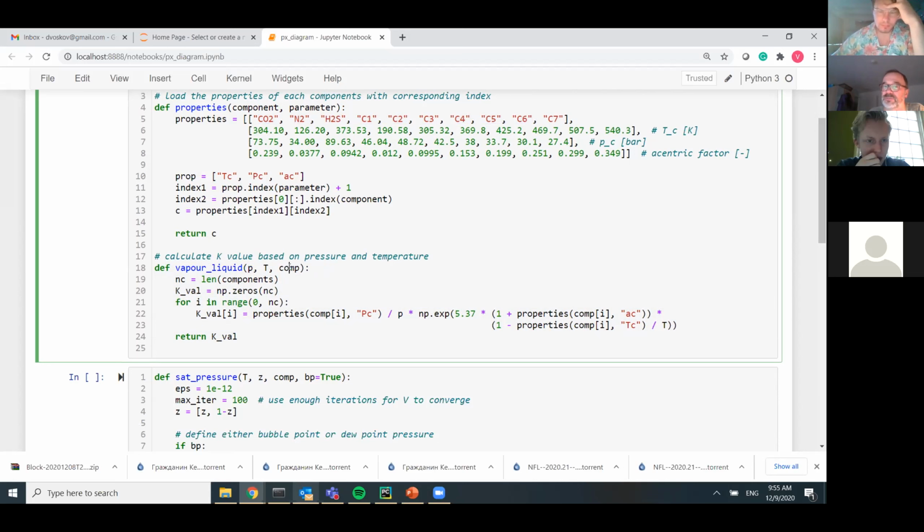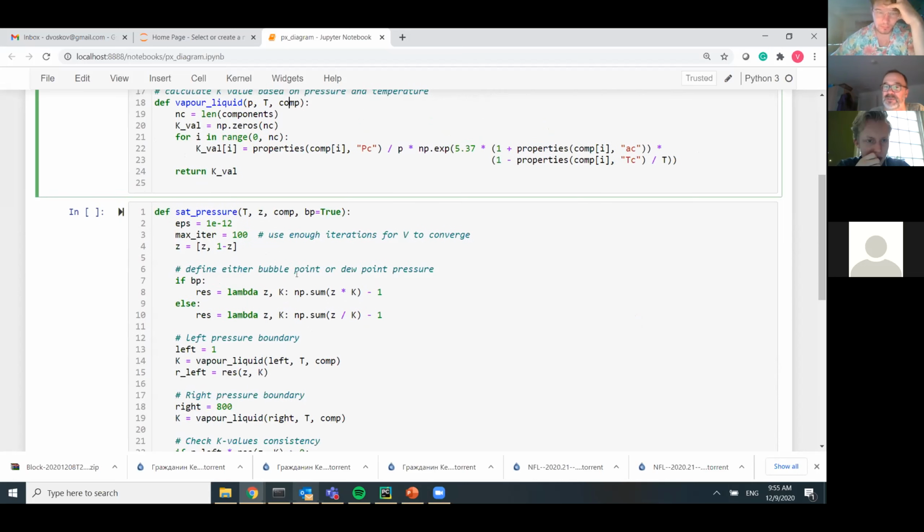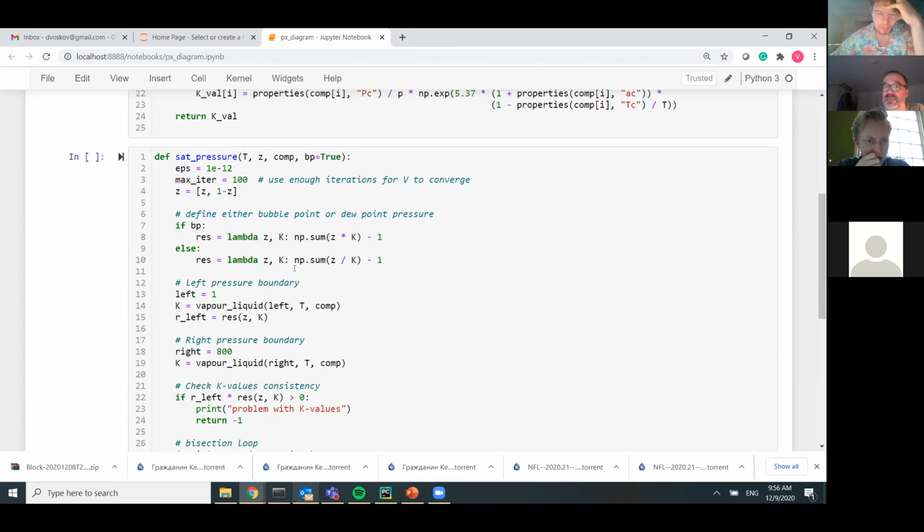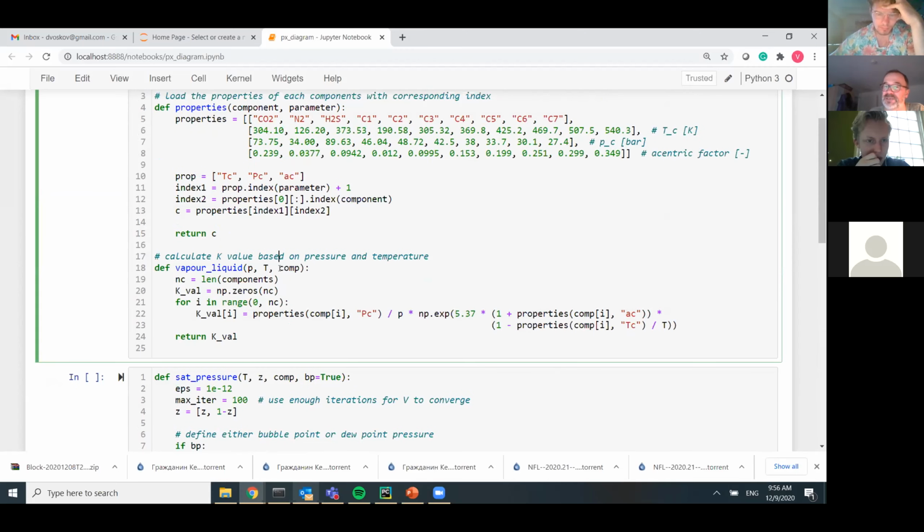So if you say, for example, my binary mixture is, in this case, CO2 and C6, and you pass it here, it will return the correlated K value for the CO2 component and the C6 component.